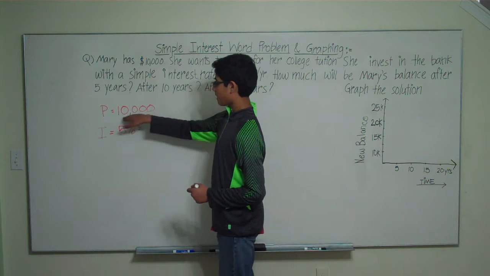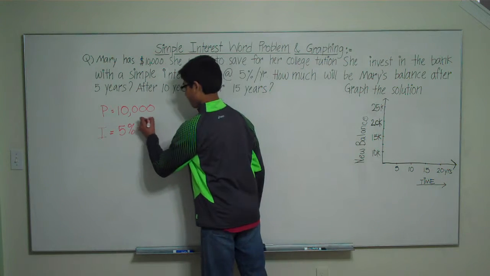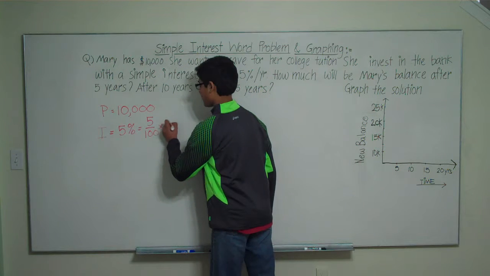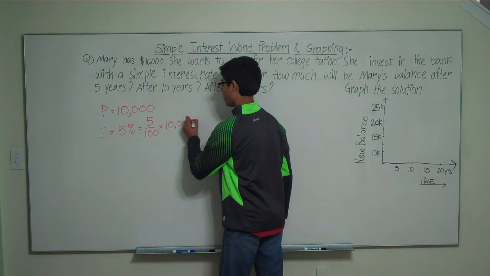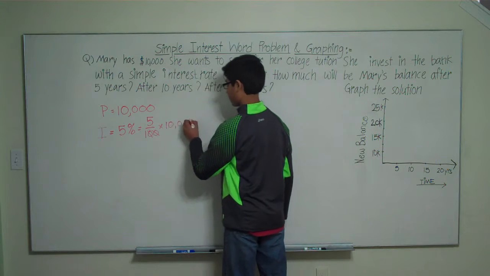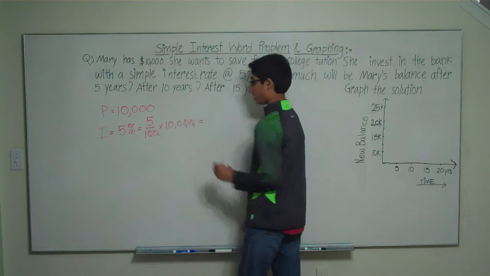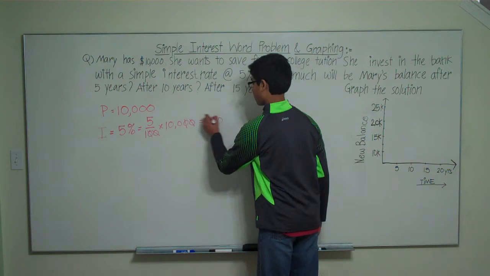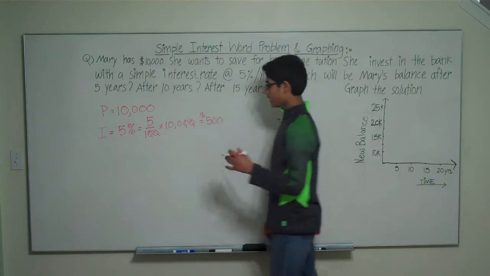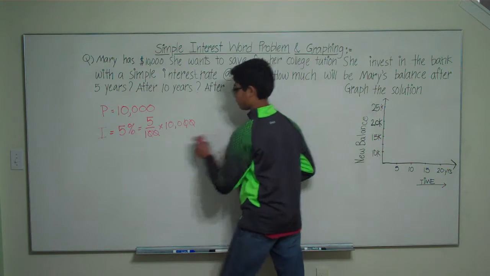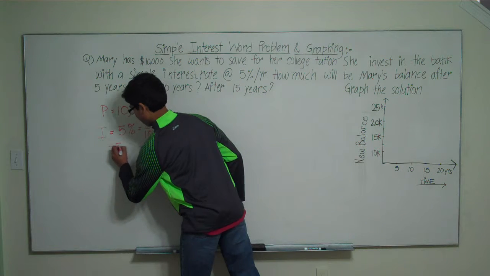So 5% of 10,000 is 5 over 100 times $10,000. So these two zeros cancel with these two zeros, and we get 5 times 100, which is $500. So the interest is $500. Let's write that down here. The interest is $500.